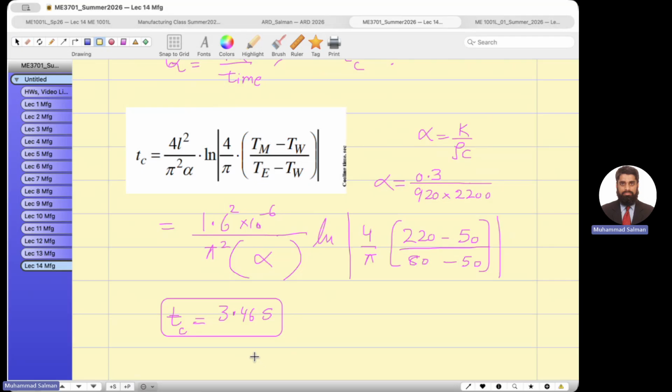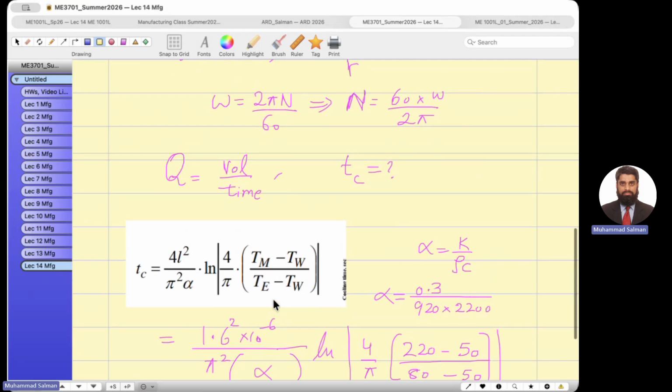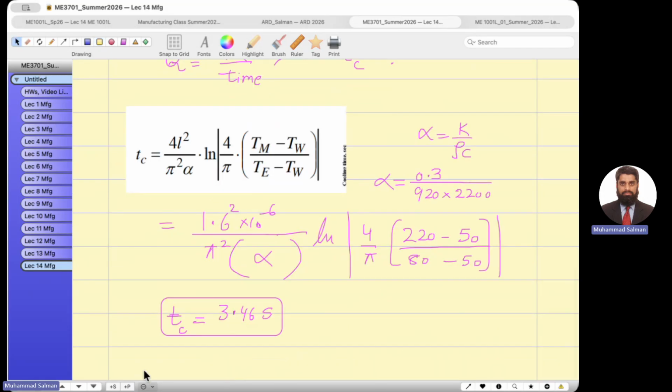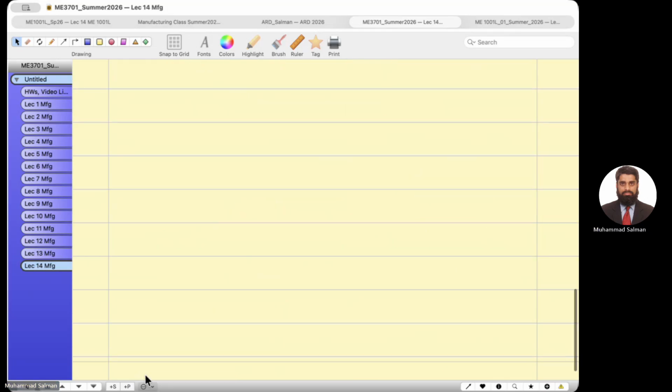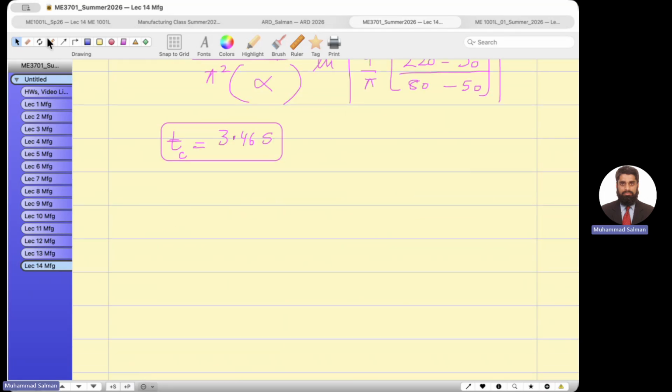Okay, that's good if you have verified this. Now I'm going to use the Q formula. After I find the volume, which is 8,000, Q equals volume divided by time.